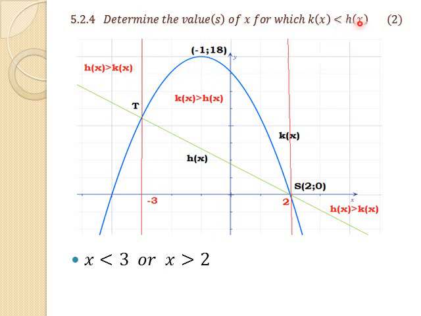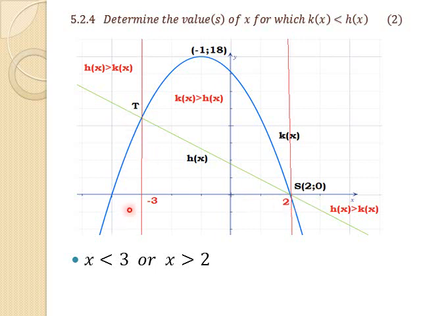So where's k of x smaller than h of x? So where's h of x bigger than k of x? Alright, so there h of x is bigger than k of x, to the right of s and to the left of t. Right, so not in the middle. Right, t's x coordinate is minus 3, s's x coordinate is 2.